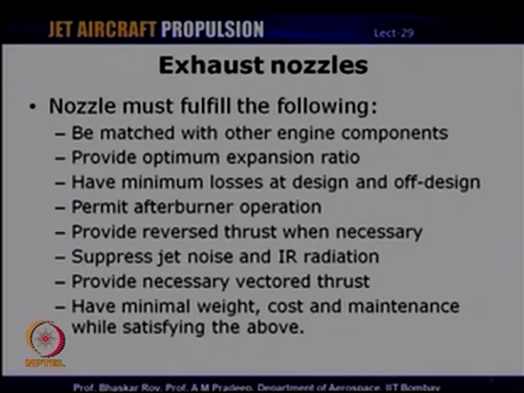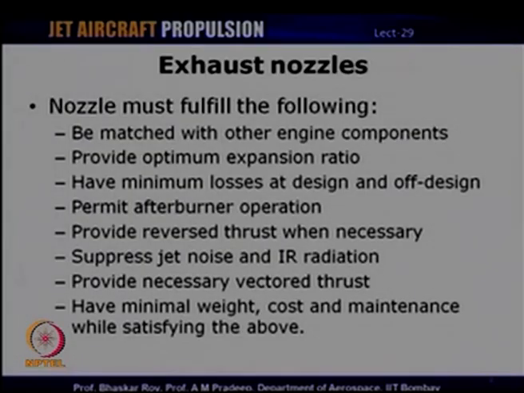In most modern aircraft, the nozzle is also required to suppress jet noise as well as infrared radiation. IR suppression is true for military aircraft, where one would like to keep the aircraft as shielded as possible from enemy radar, and therefore the IR signature should be kept minimal.